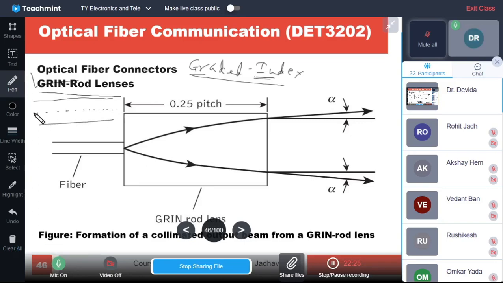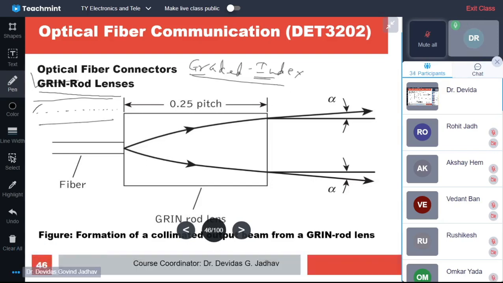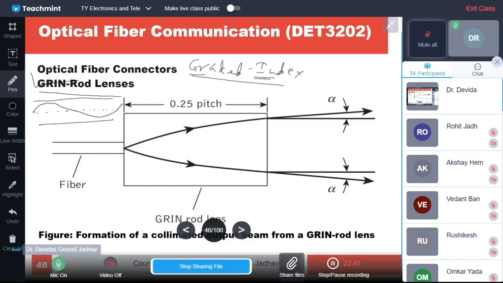Then whatever light ray is propagating in that fiber follows a sinusoidal path. That we know, isn't it?